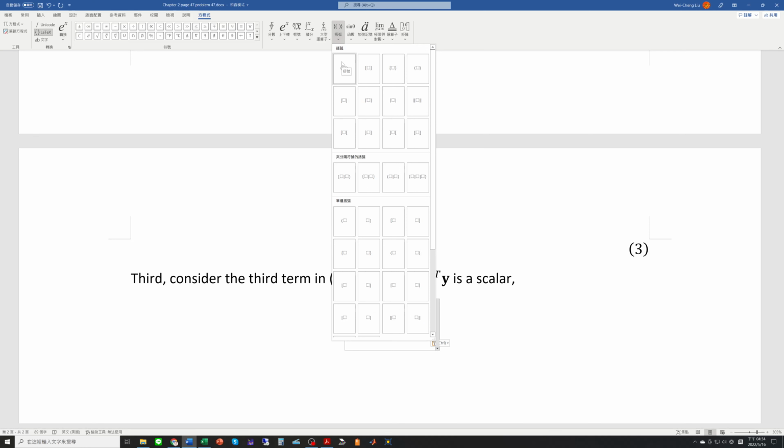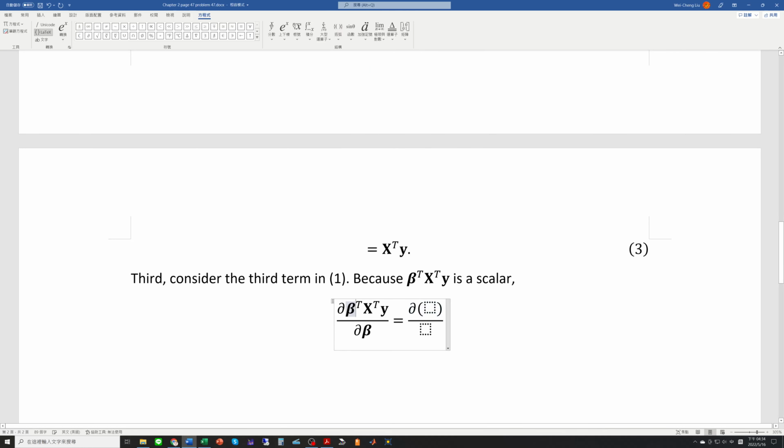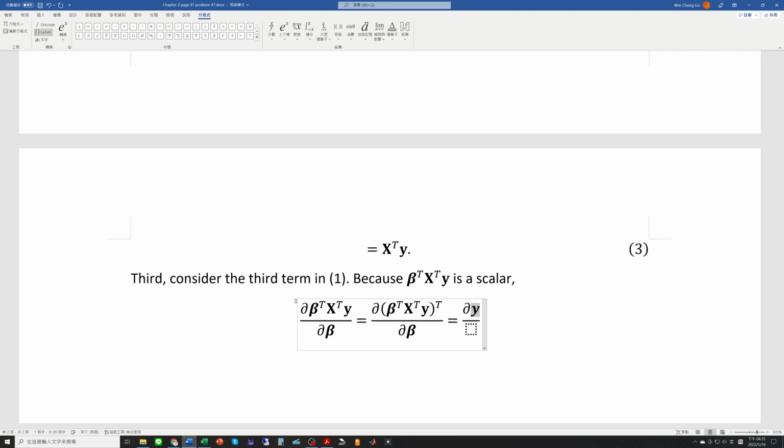So let me insert a parenthesis and copy this, paste, and it is the transpose, over partial beta.